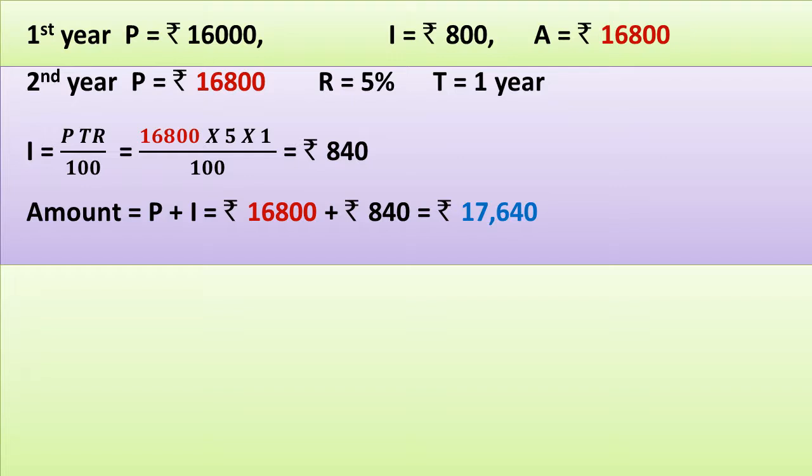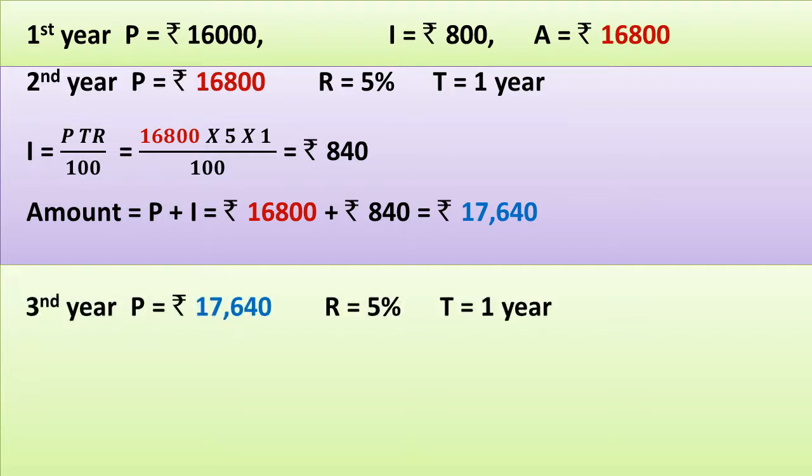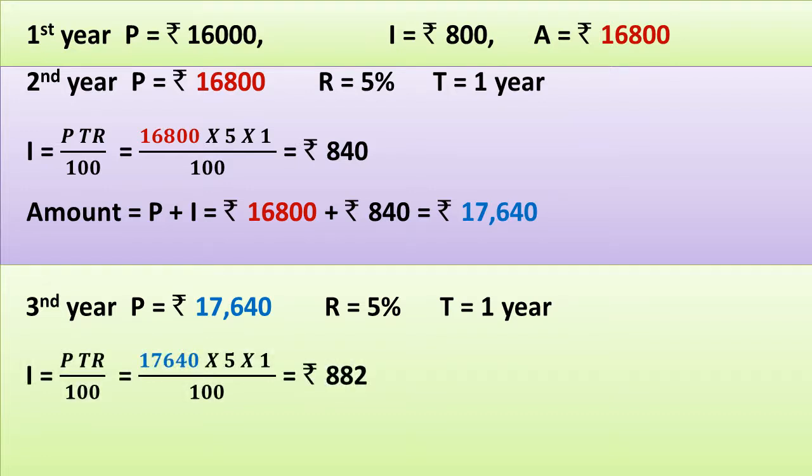Now we have to calculate the compound interest for the third year. What happens here? The amount of the second year will become the principal of the third year. That is, principal is 17,640. The rate of interest is 5%. Calculate the interest by using the same formula. 17,640 into 5 into 1 over 100. So 0 0 gets cancelled. 5 and 10 remain. 5 ones are 5, 5 twos are 10.